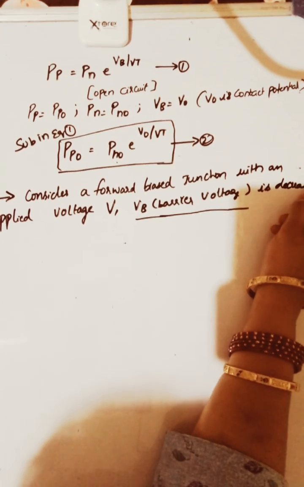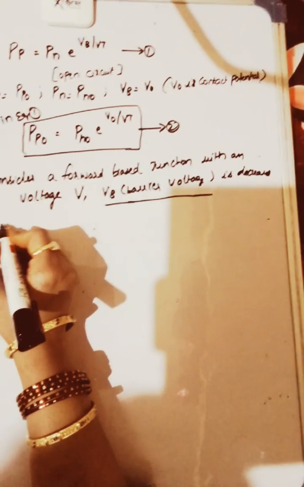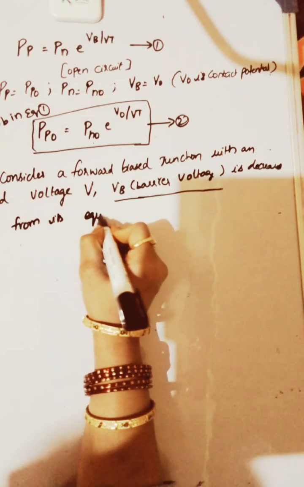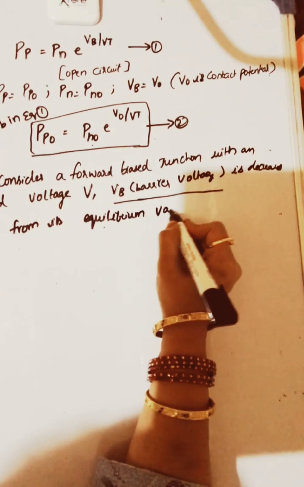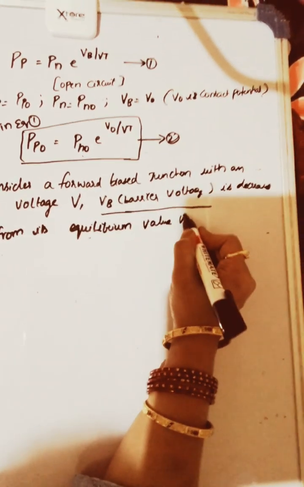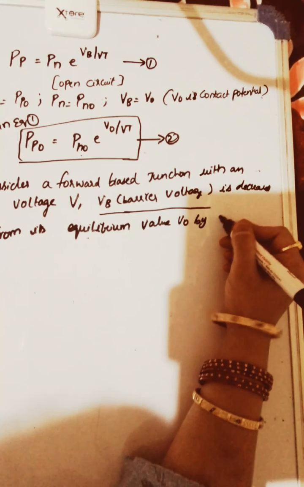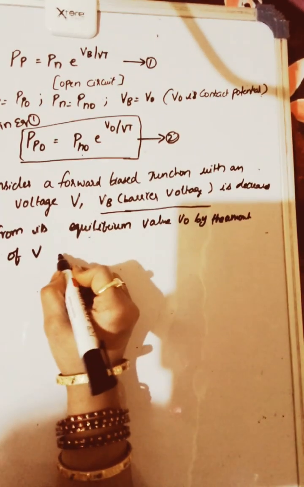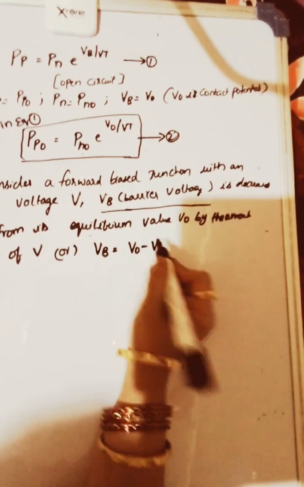VB is decreased from its equilibrium value V naught by the amount of V, or VB is equal to V naught minus V.